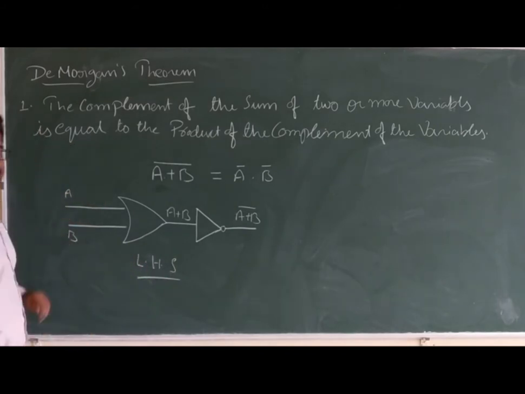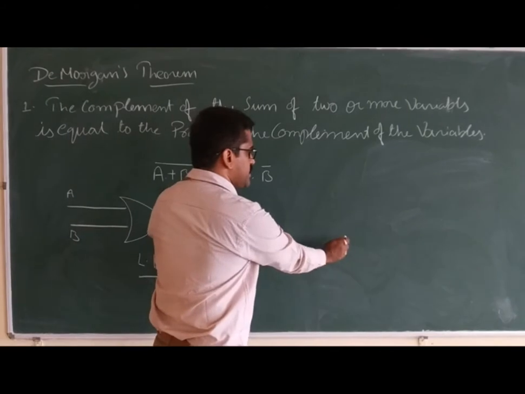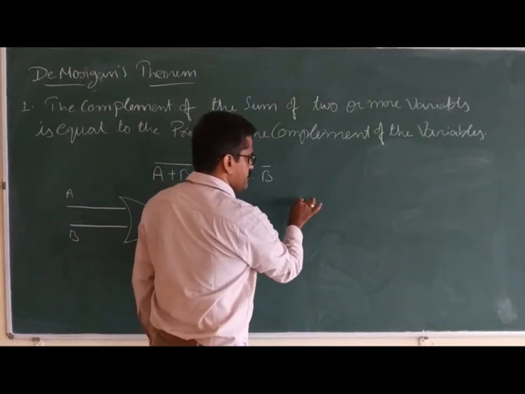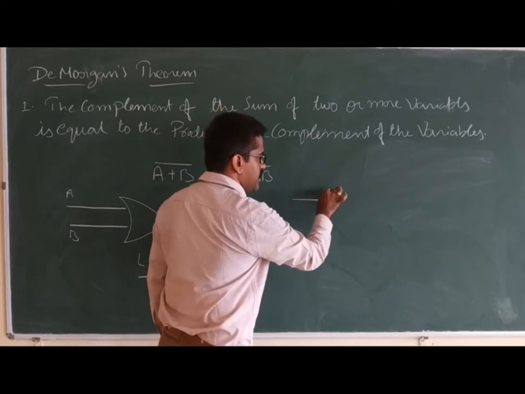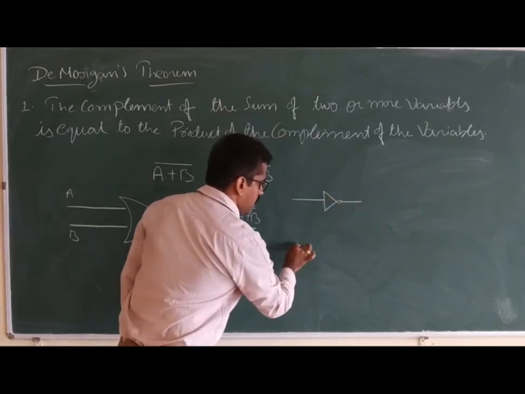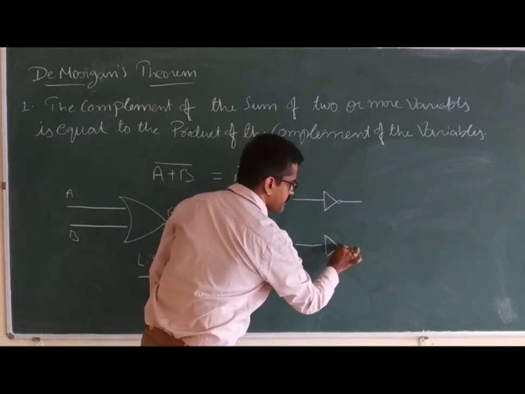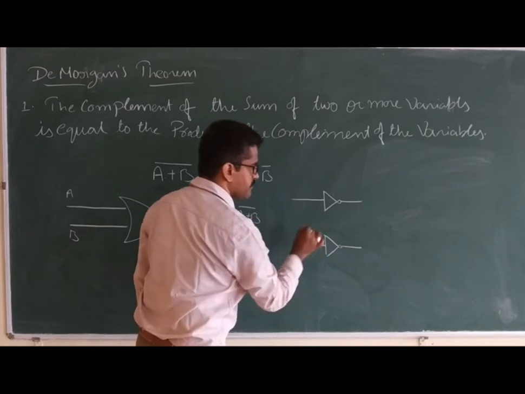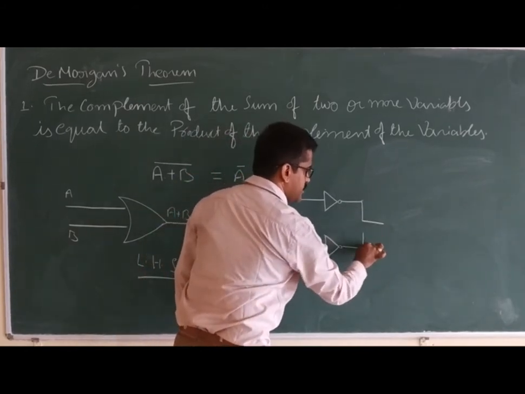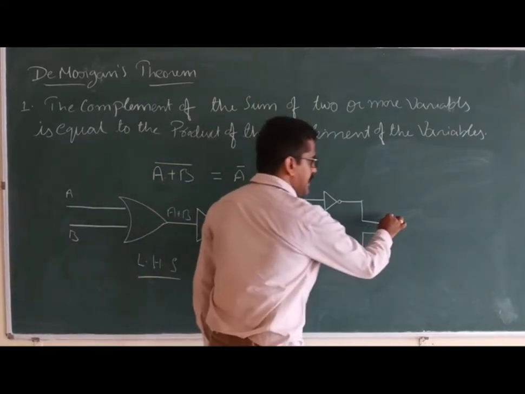Then F. On the right hand side, we consider another logic gate. Here, let us consider a NOT gate and another NOT gate. We consider two NOT gates. The outputs of the two NOT gates are connected to a NAND gate.